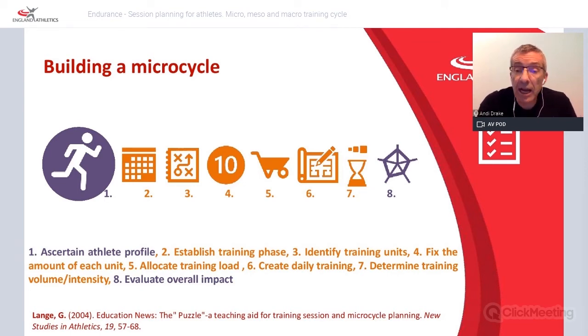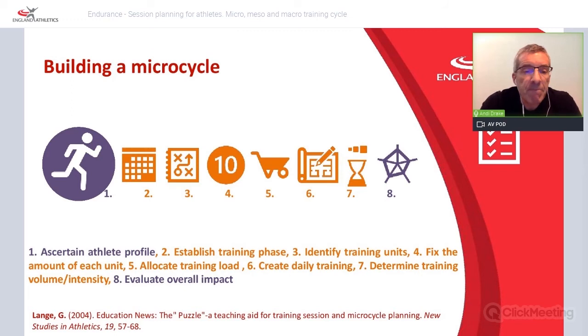But then we need to consider how we're going to load up and achieve that amount of that unit, achieve that volume for the training week. Get that down on paper, on our spreadsheet, or on our app. So we've got the day's training for each particular day.